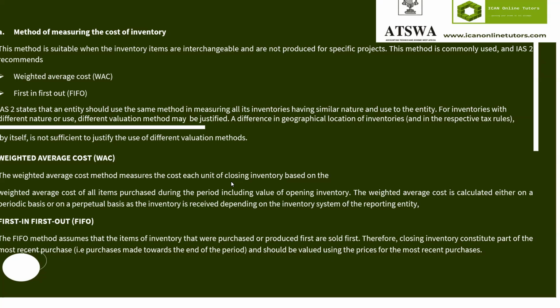So 10 naira is my weighted average price. In getting the weighted average price, you consider the value of inventory at hand and the quantity at hand. Your value divided by your quantity gives you the weighted average price.